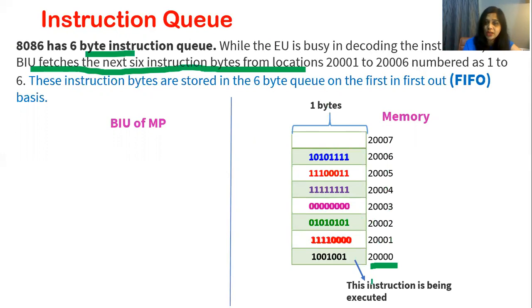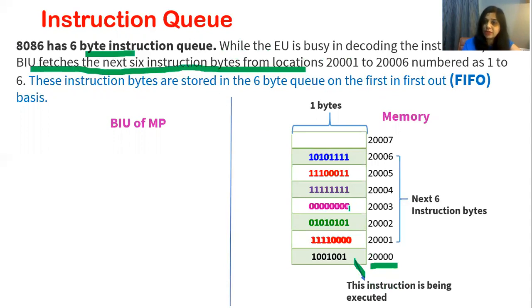Now, let's assume that this instruction is being executed. That means this instruction is already transferred to the 8086. This is an assumption: the instruction is already with the 8086 and the execution unit is currently executing it. So according to the statement, while the execution unit is busy decoding the instruction, the bus interface unit fetches the next 6 instructions.